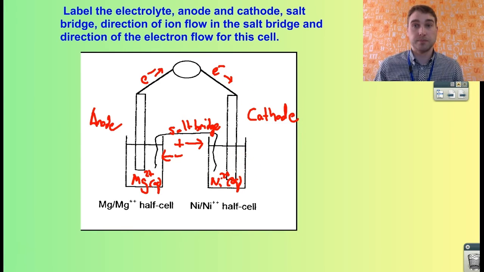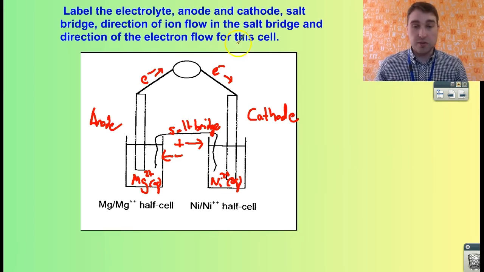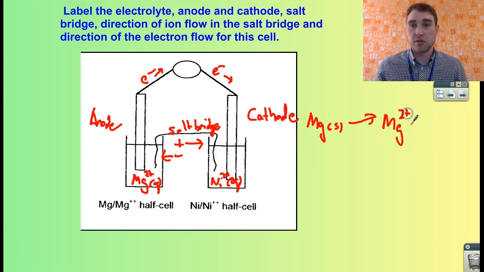Okay. The last part of the question says, write suitable equations for the reactions that occur in each half cell and classify them as oxidation or reduction. Okay. So at our anode, we've got our magnesium that's being oxidized. So we're starting with magnesium, and oxidation is loss, so the magnesium is losing 2 electrons.